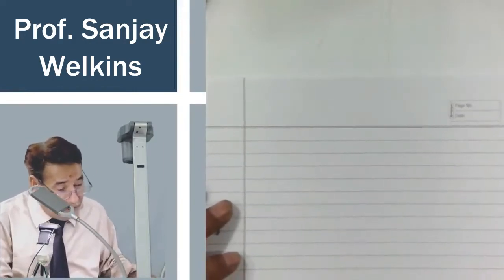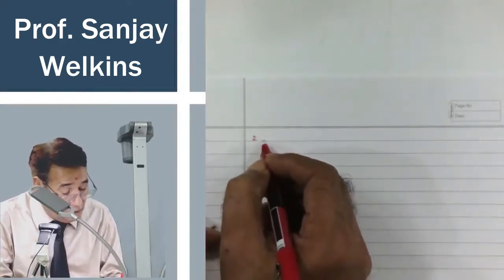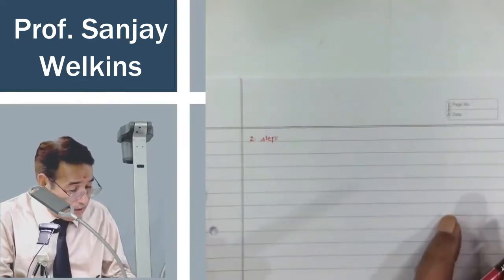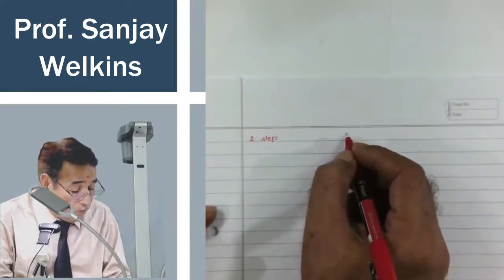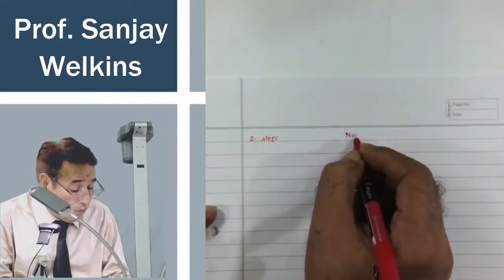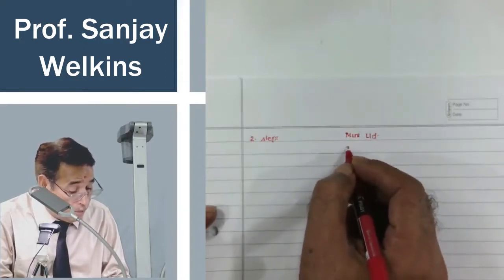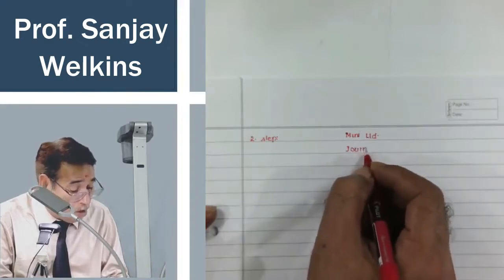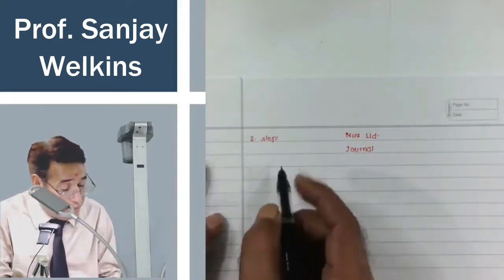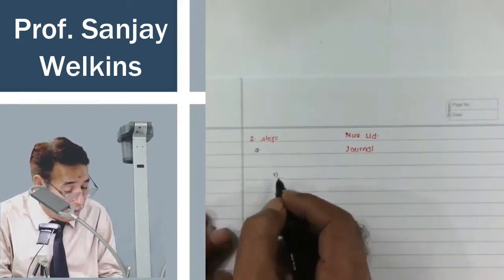Now we move over to the second step. In this step, first of all, I will write here the name of the new company. Mini Limited. I'll prepare the journal first. Mini Limited has taken the mini division. So your entry will be, first you will prepare the journal.